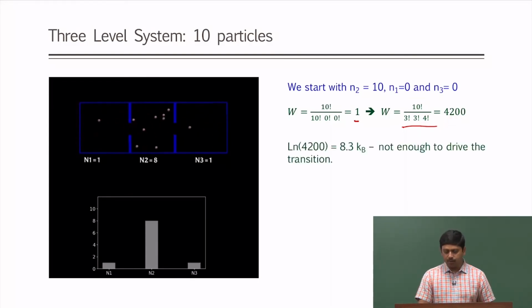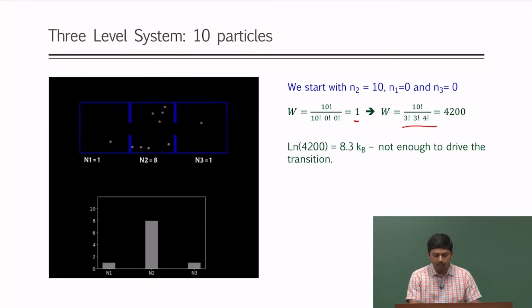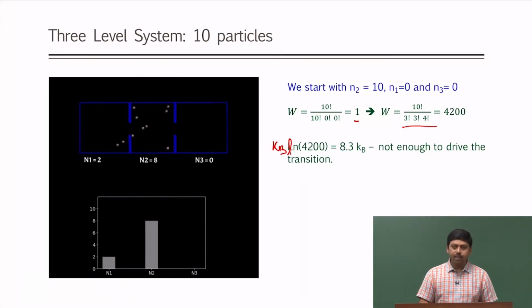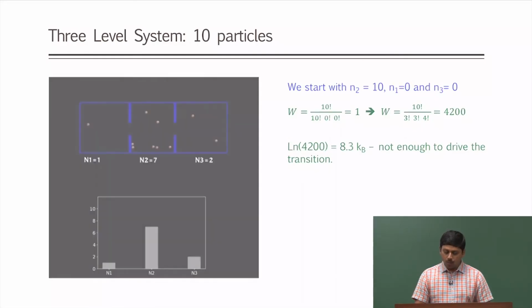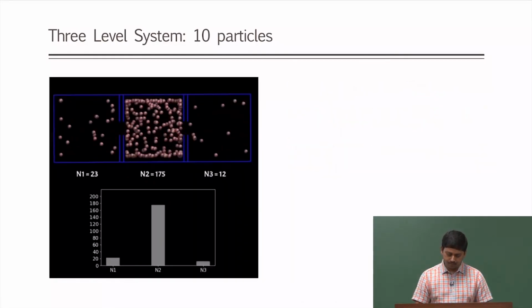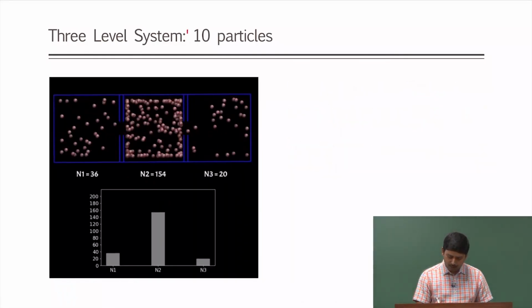It is not that great of a number yet, it will give you only 8.3 kB, not enough for really distributing them equally, and that is why you can see some boxes remain empty. Let us do the same thing with more particles. So the number of particles is 210 here.